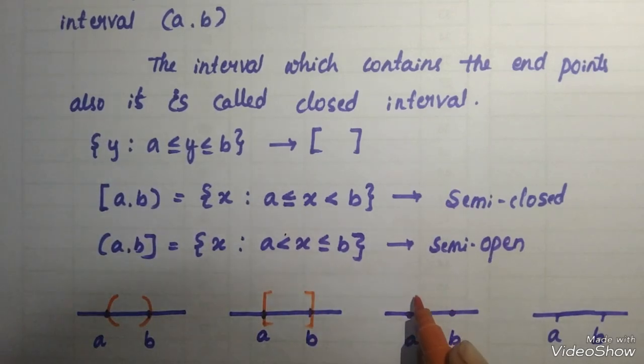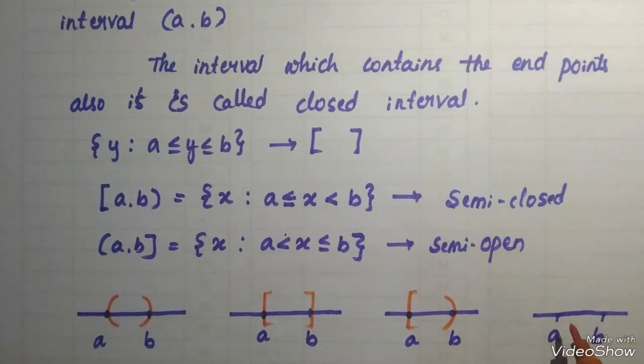Semi closed means it is equal to A but it is not equal to B. Then this is called semi open intervals. Okay, these are the intervals.